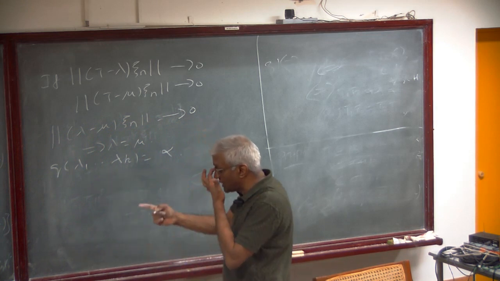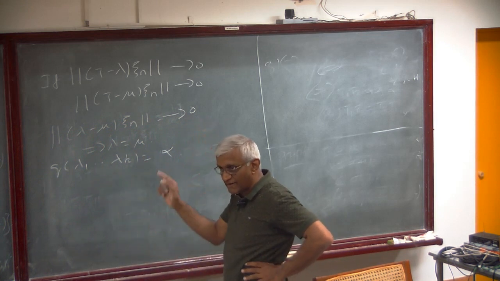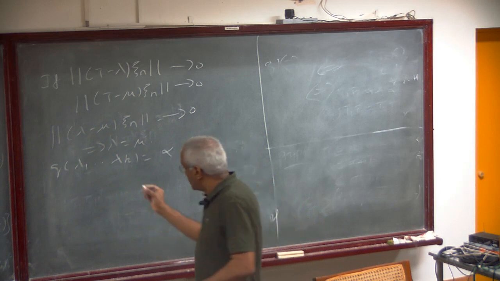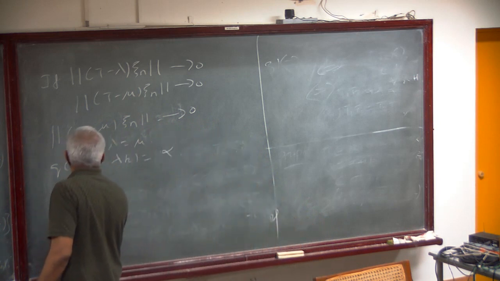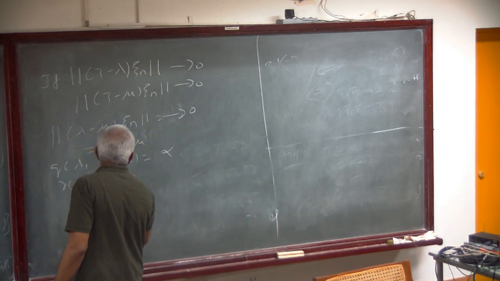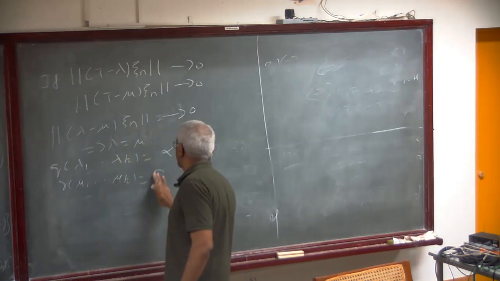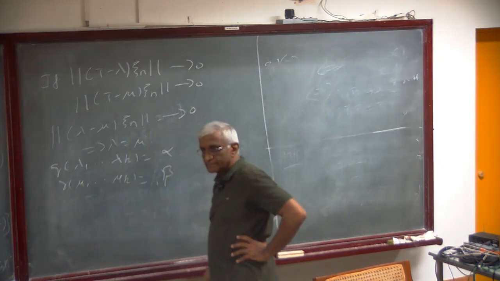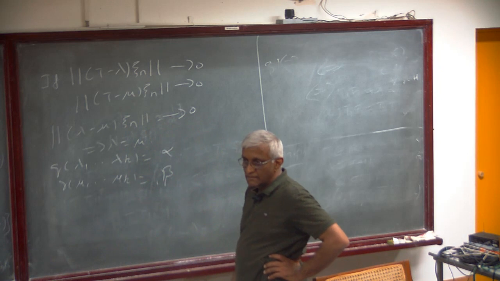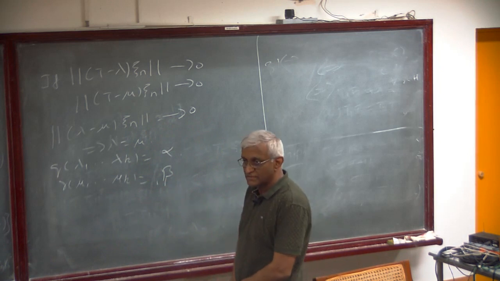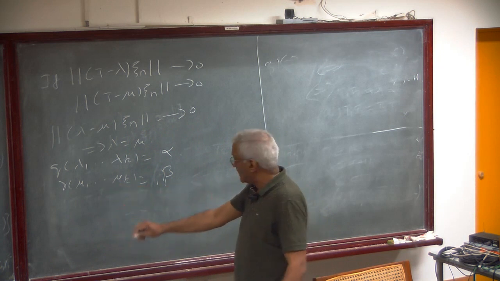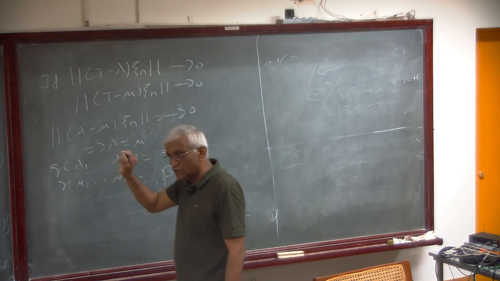But I don't see how to get the same lambda 1 up to lambda k for the other one. You will only get R of mu 1 up to mu k equal to beta. But somehow you have to get the same lambda by some argument. Then only it will work. But we have one more condition which we haven't used.